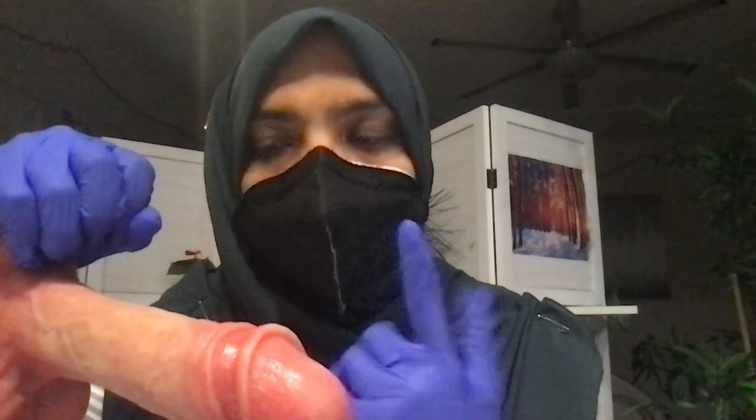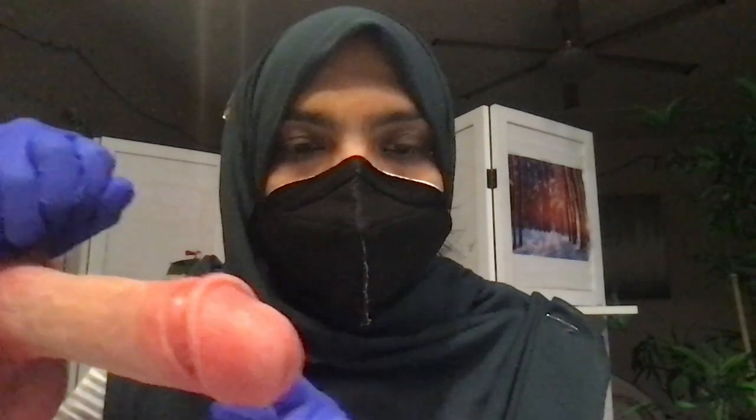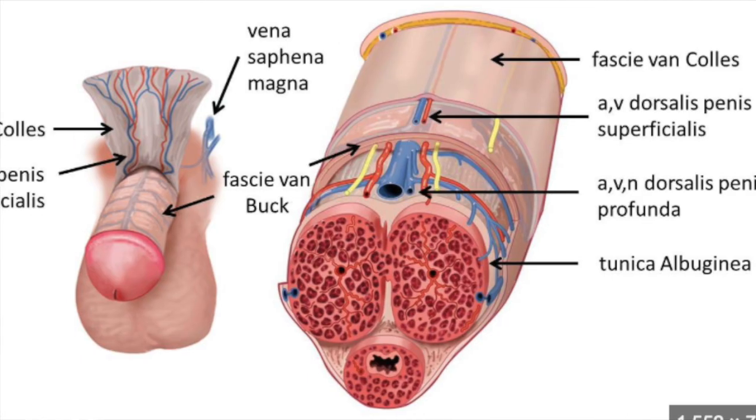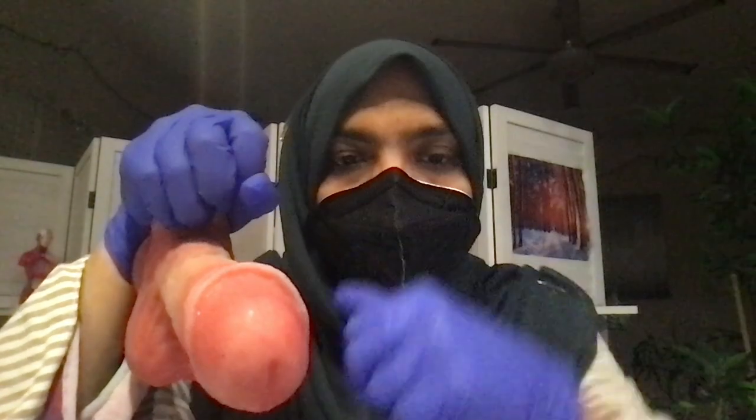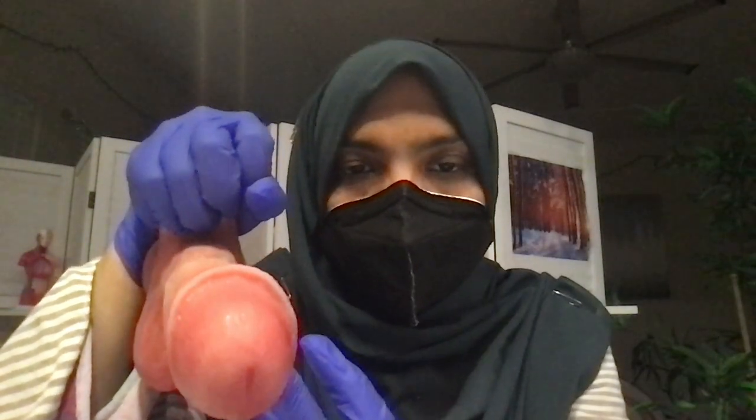If we do a transverse section of this penis, it contains three columns of erectile tissue: two corpora cavernosa on the upper side, or top side, and one corpus spongiosum on the bottom side. These tissues fill with blood during sexual arousal and cause the erection.